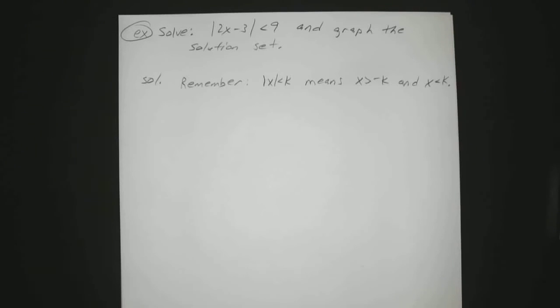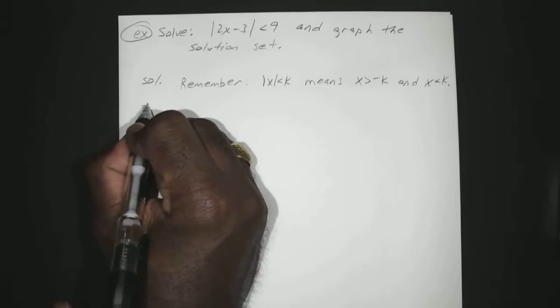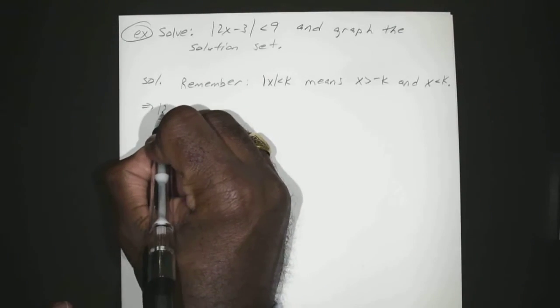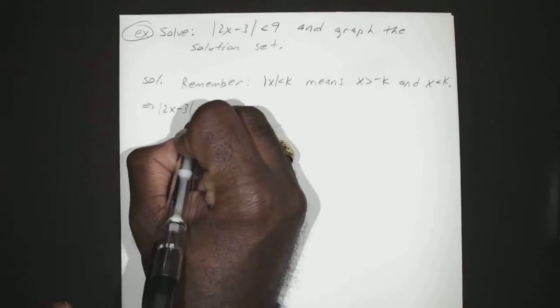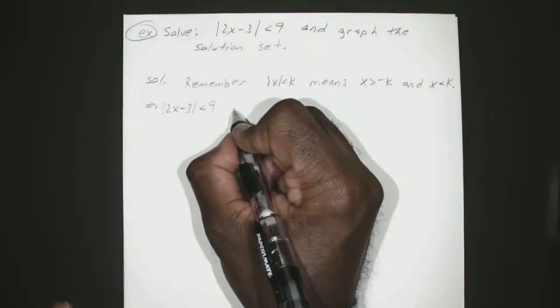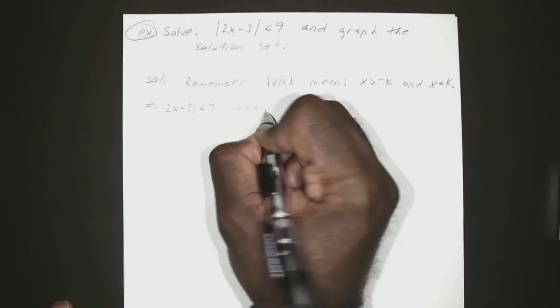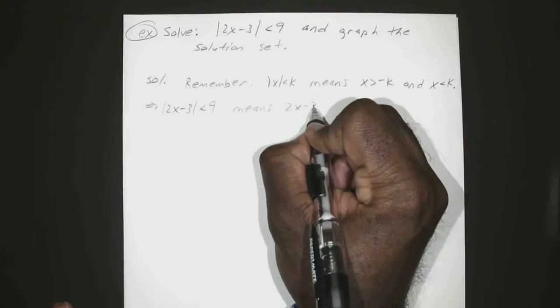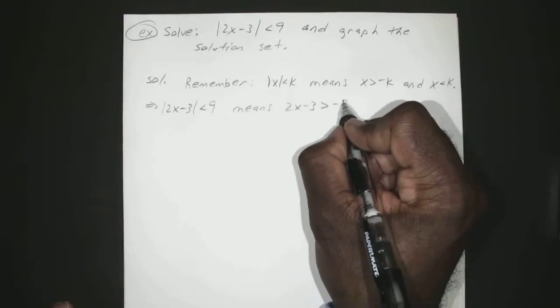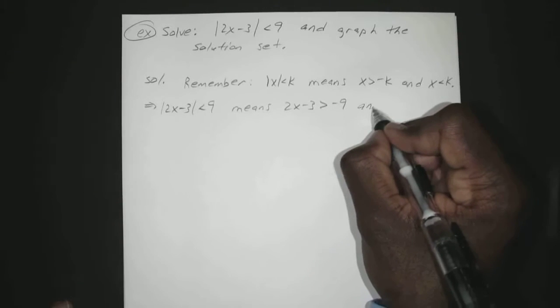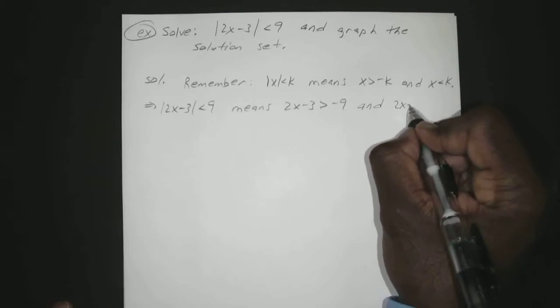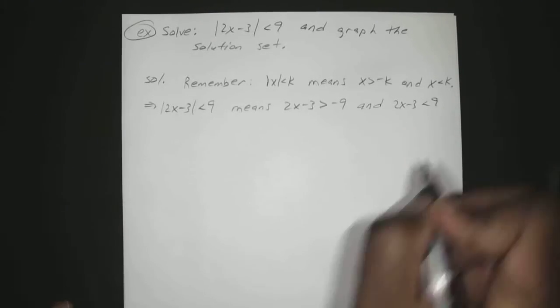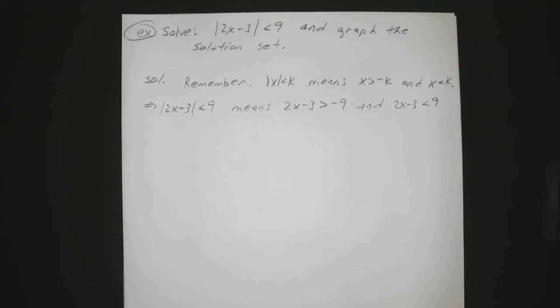So if we apply that to this problem, we end up with the absolute value of 2x minus 3 is less than 9 means that 2x minus 3 is greater than negative 9, and 2x minus 3 is less than positive 9.